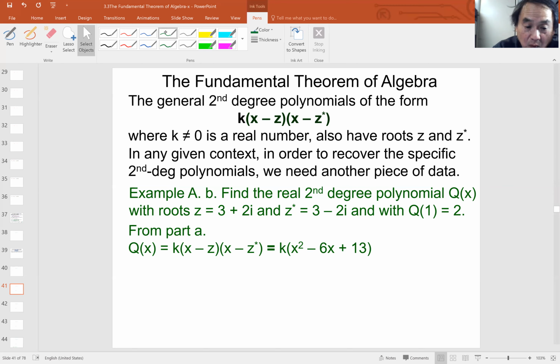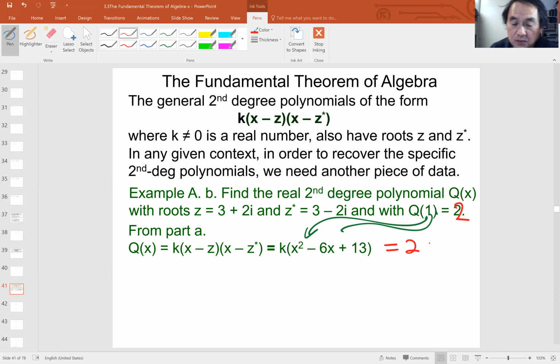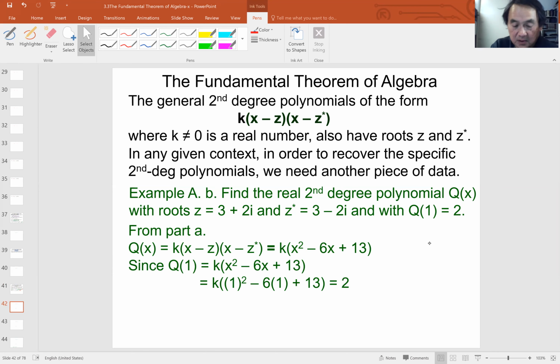On the other hand, when I put 1 into this polynomial, I'm supposed to get 2. This output is supposed to be 2 when 1 is put into x. And that leaves the k into becoming an equation.